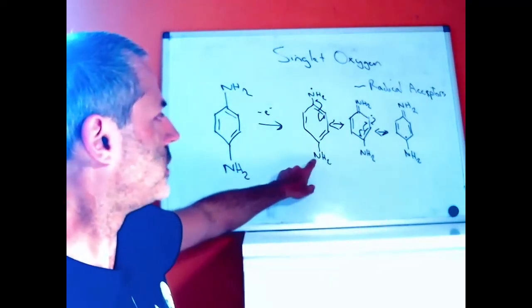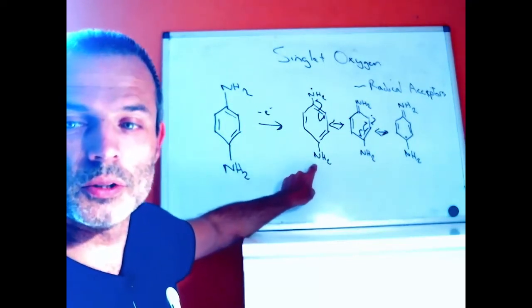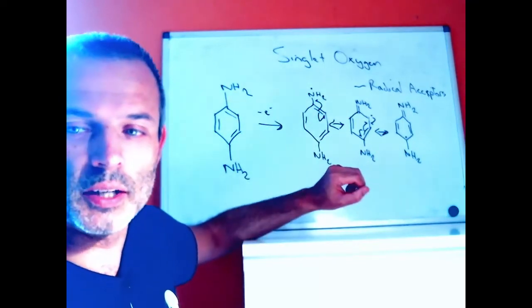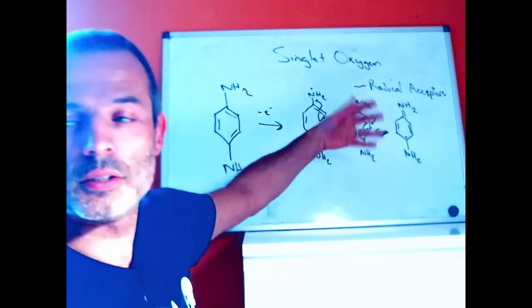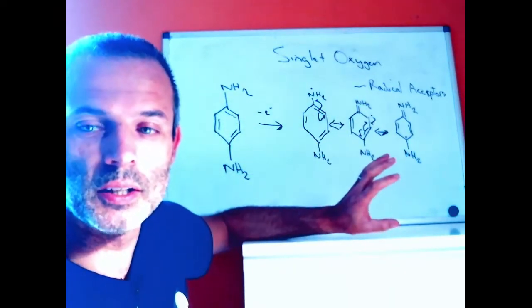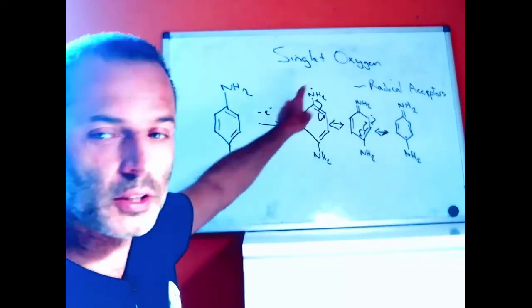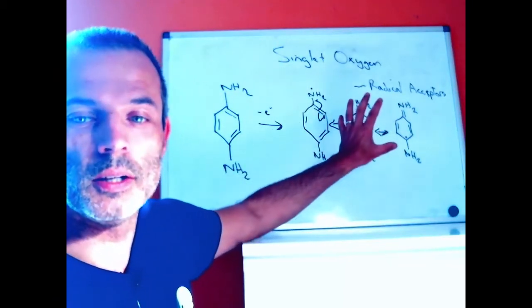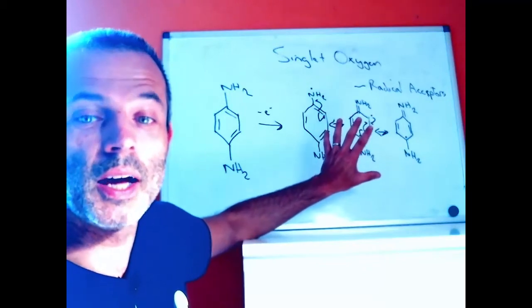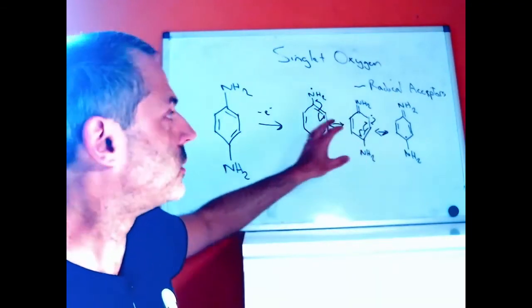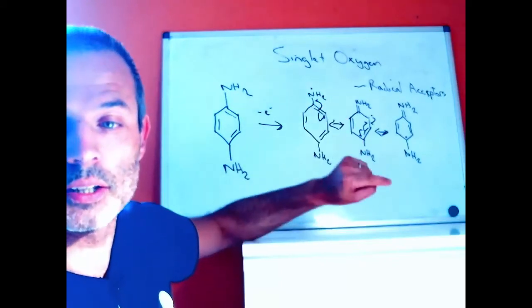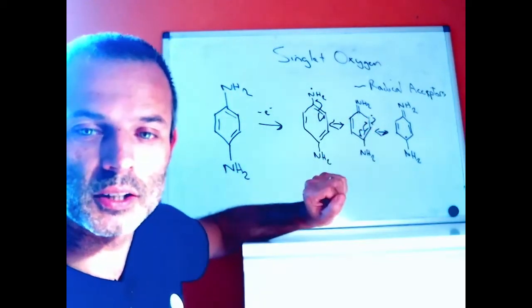Because the molecule has a second nitrogen, it can be oxidized again to form the double bond at both ends and to get rid of the radical entirely. And because the single radical intermediate is low in energy, it can hang around and wait, move around the polymer, for example, and wait until it gets a second electron, which makes it a radical acceptor.